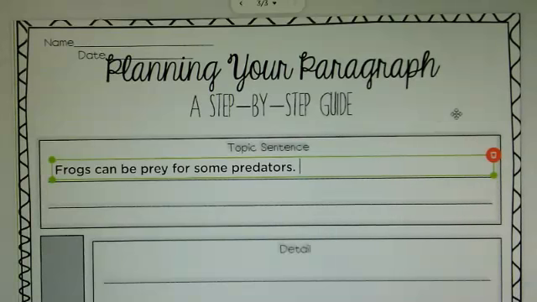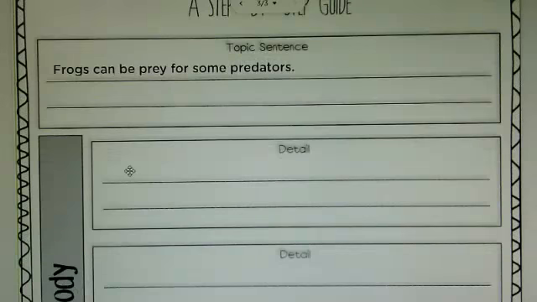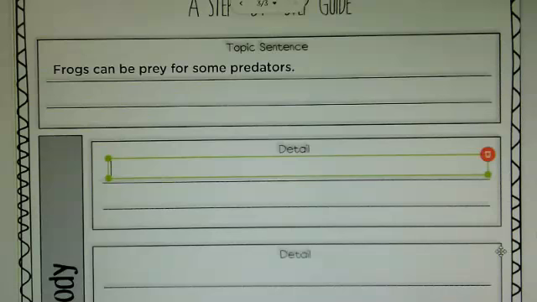Okay, so for this topic sentence, I'm keeping it short, sweet, and to the point. Frogs can be prey for some predators. Now I need to write my juicy details. What do I know about the predators? What kinds of animals like to eat frogs? Well, I know that in forests, raccoons like to try and eat frogs.